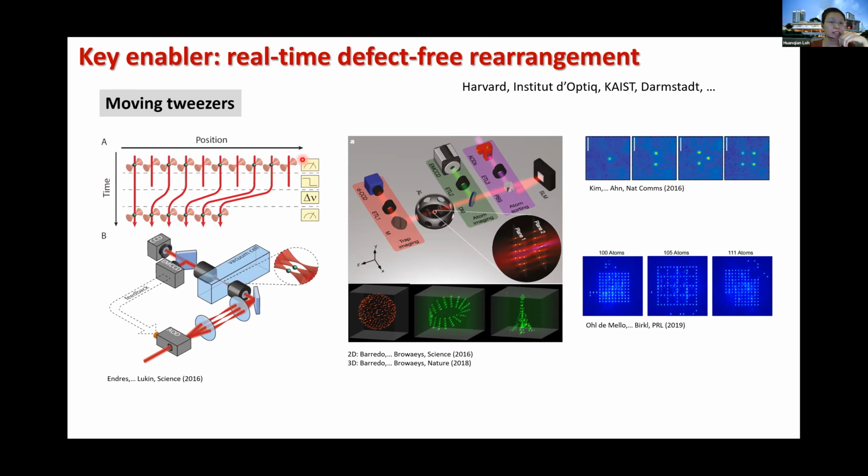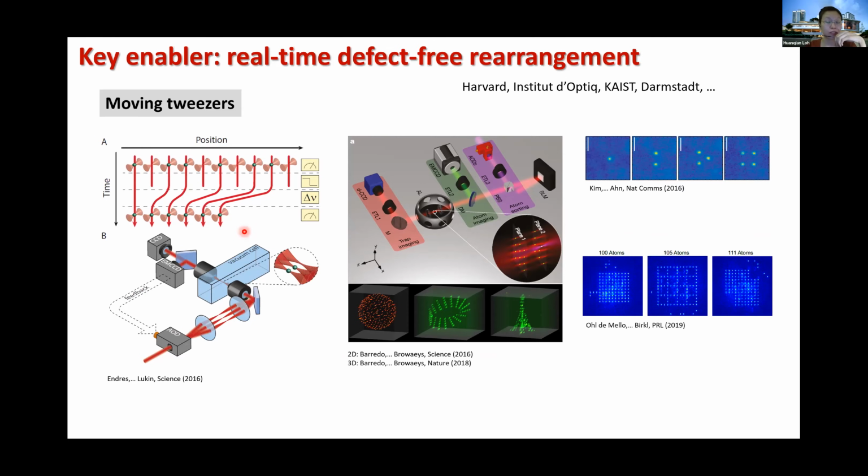And then in these 100 traps, you maybe trap about 50 atoms. You image in real time how many of these traps are filled using atom fluorescence, drop the traps that are empty, and then shuffle the rest of the traps together such that you get this defect-free array.